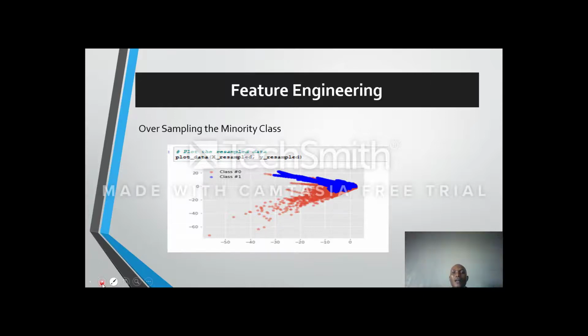You can see what we have here is a sampled plot. The previous one that we had was showing the real one compared to the oversampled plot.